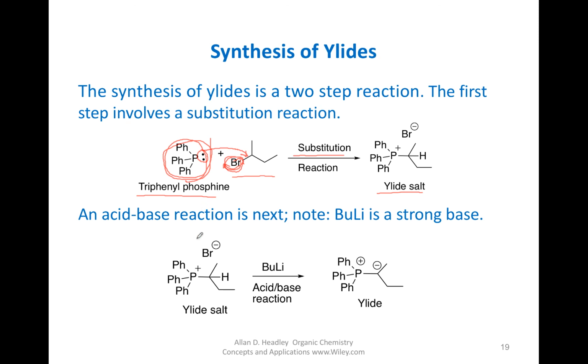In the next step, which is an acid-base reaction, a very strong base, butyl lithium, abstracts this proton, leaving behind these electrons right here. So this is our ylide. So that's how you make your ylide. So now you can see you can make different ylides with different groups right here, depending on the starting material.